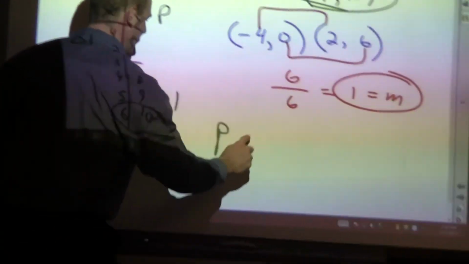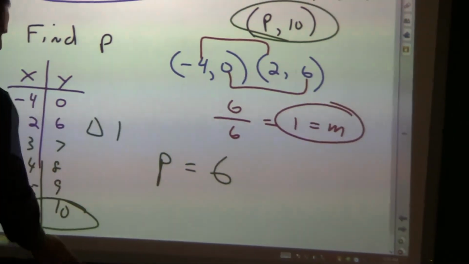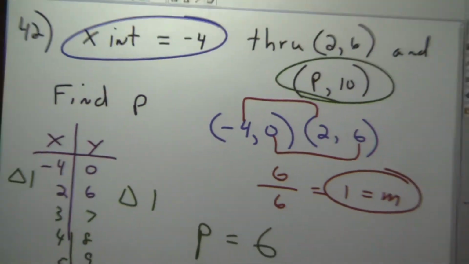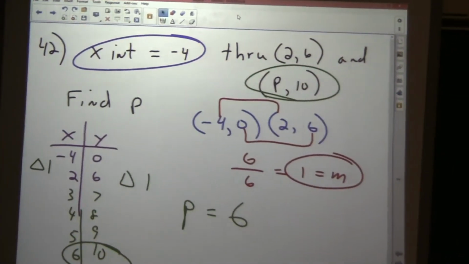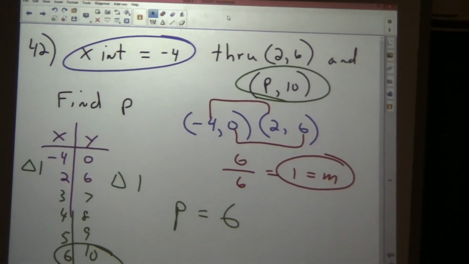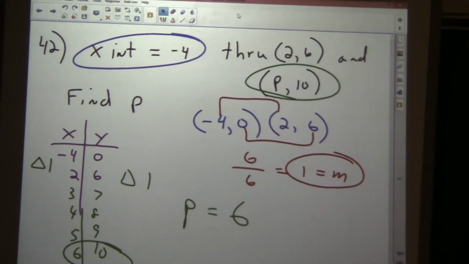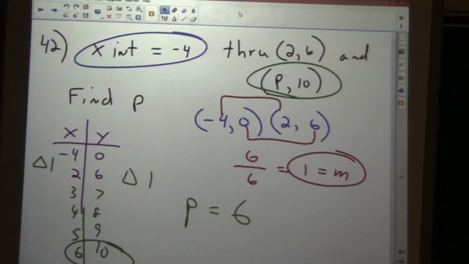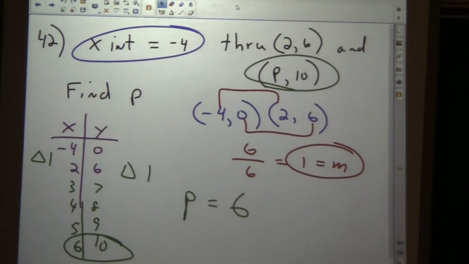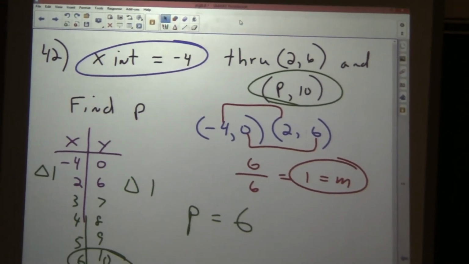P equals 6. Any questions on how I found 6 using the table? All right.